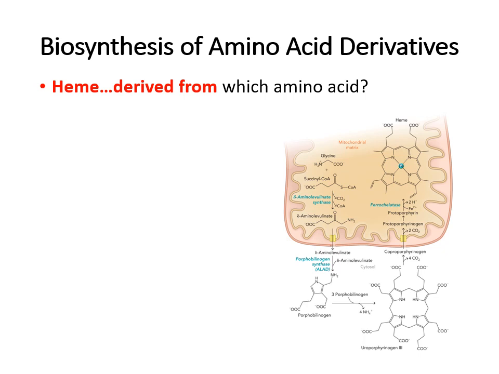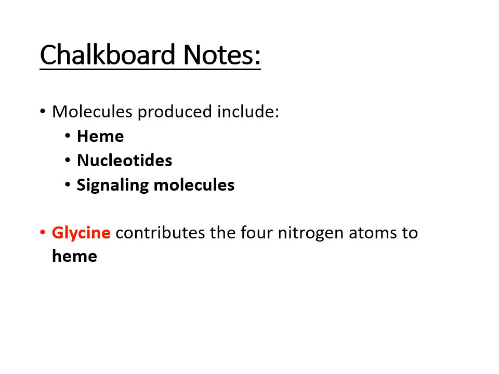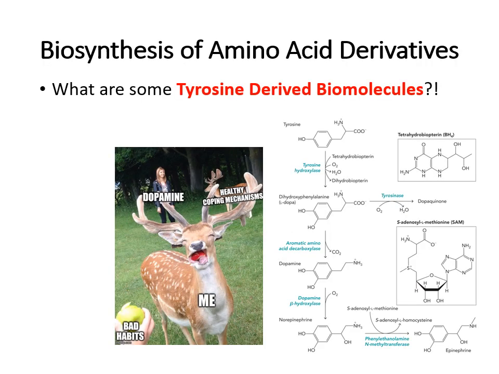Now, heme is not the only molecule that is an amino acid derivative. We also have nucleotides and signaling molecules that are here thanks to amino acids. And so some examples of those are the tyrosine-derived biomolecules.